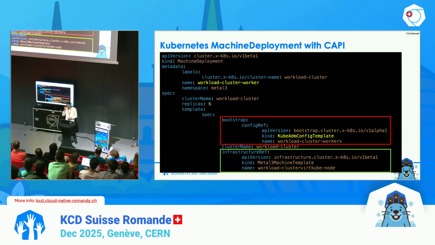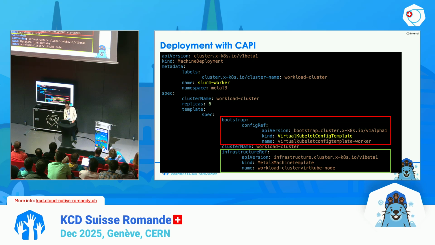In order to provision the Slurm cluster, it was necessary to create a specific machine deployment for each node type, one for the head node and one for the worker node. As you can see, the only difference between the Kubernetes machine deployment and the Slurm worker machine deployment is the bootstrap reference.